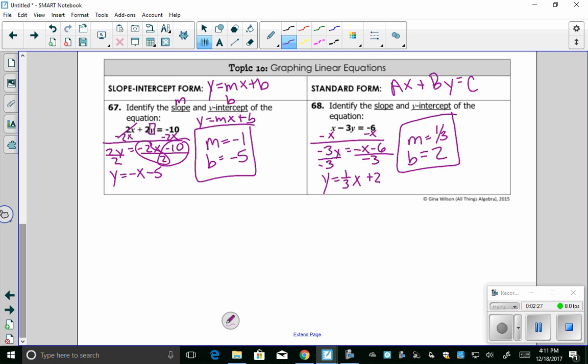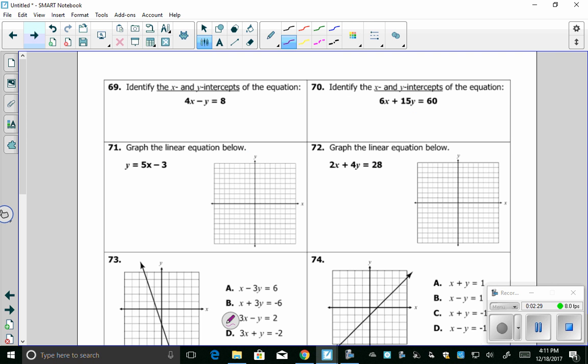Number 69 says to identify the x and y-intercepts. Remember, when you are identifying the x, you cover up the y. To find the y, you cover up the x.